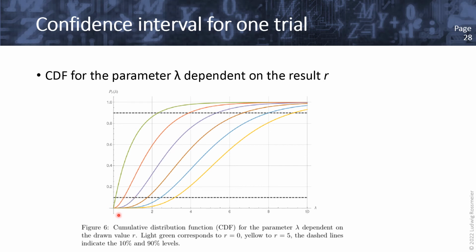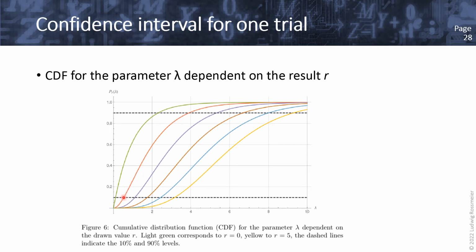And now the question is to find, for an 80% confidence interval, let's say for the red curve, which is the value here for 10%, and for 90%, which is the value here. 80% confidence means lying between 10 and 90%.